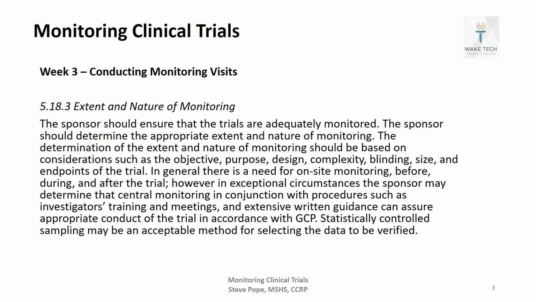It's going to be based on the objective of the trial, the purpose, how the trial is designed, what its complexity is, what type of blinding is necessary in the trial, the size, which would be the number of subjects involved, the number of sites involved, and then finally what the endpoints are. All of these factors are going to go into determining how we're going to monitor the trial.